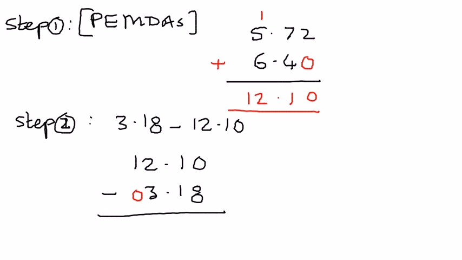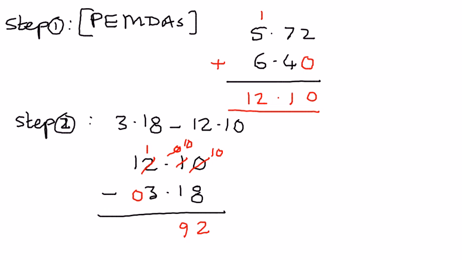2 is less than 8, so we borrow 1, so this becomes 12. 12 minus 8 is 4, so this becomes 0. Then we borrow 1 from the next place value, so this becomes 10. 10 minus 1 will be equal to 9.